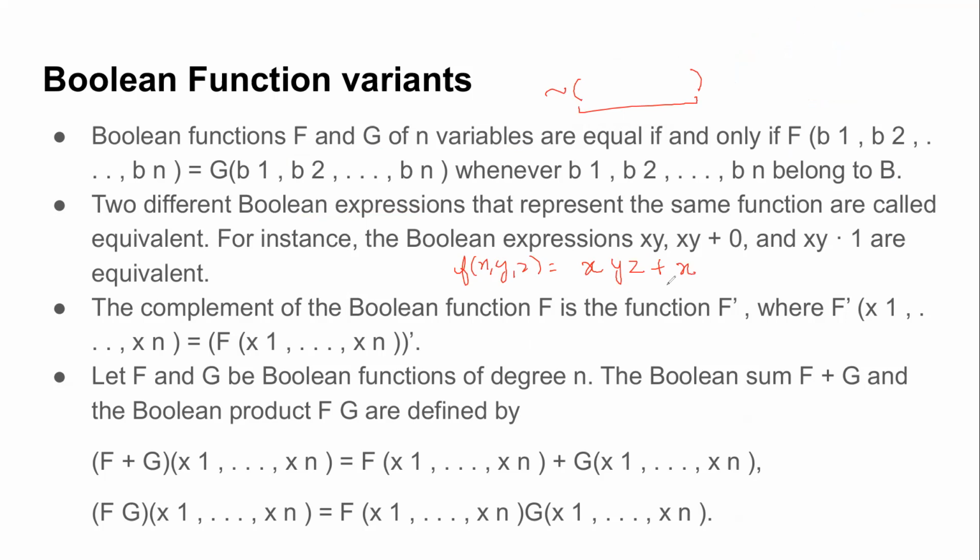Now if you want to do the complement of this function, the way you can do it is you take the complement inside the function. So the complement of a complete Boolean function is taken by taking the complement inside and applying the desired rule. Complementing is not just allowed for a Boolean variable but also for a Boolean function. And we'll see shortly some rules which will help you in this.